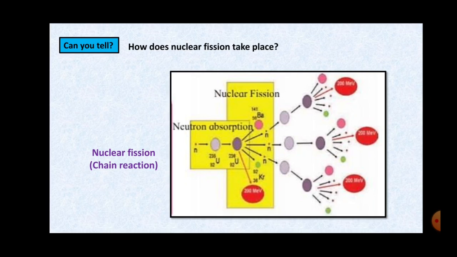So this continues. Once the reaction starts, it forms a long chain. That is the reason why it is called a chain reaction. Now, this energy which is continuously released results in the production of thermal energy, which is used for the production of electrical energy. So, this is all about nuclear fission, or the chain reaction.